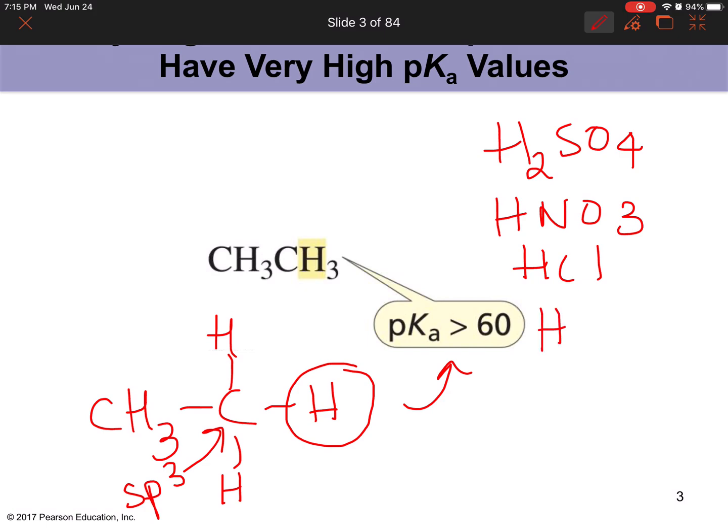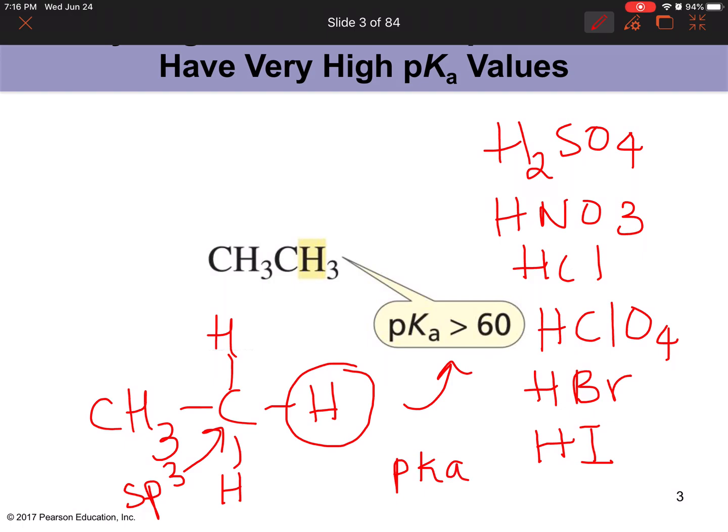Perchloric acid is a strong acid. HBr, hydrobromic acid, and hydrogen iodide are strong acids. 1, 2, 3, 4, 5, 6. So all of these are strong inorganic acids. When they dissociate in water, they dissociate 100% into ions. So we do not talk about pKa values for these acids because they are strong. But we normally talk about pKa for weak acids.